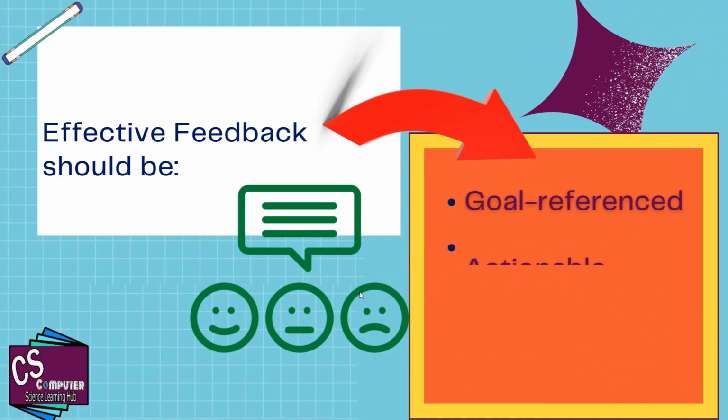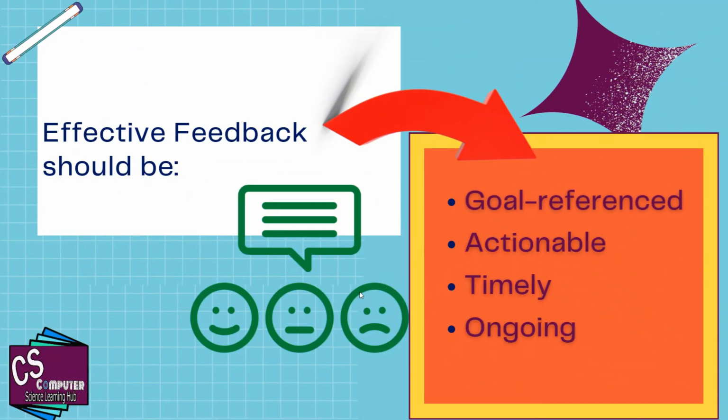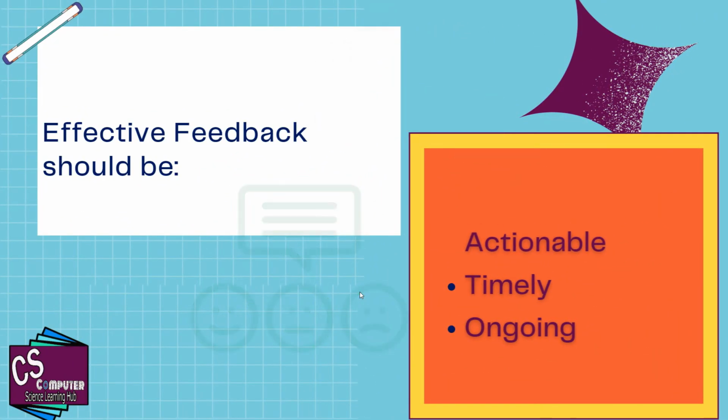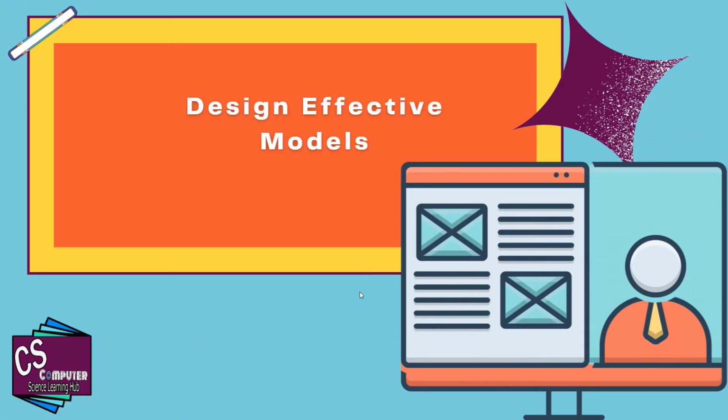So, effective feedback should be goal-referenced, actionable, timely, and ongoing. You can use feedback to target success and growth points for your teachers, which helps them grow as professionals and lifelong learners. To design an effective model, you need to communicate your feedback effectively, designing a high-quality communication plan.